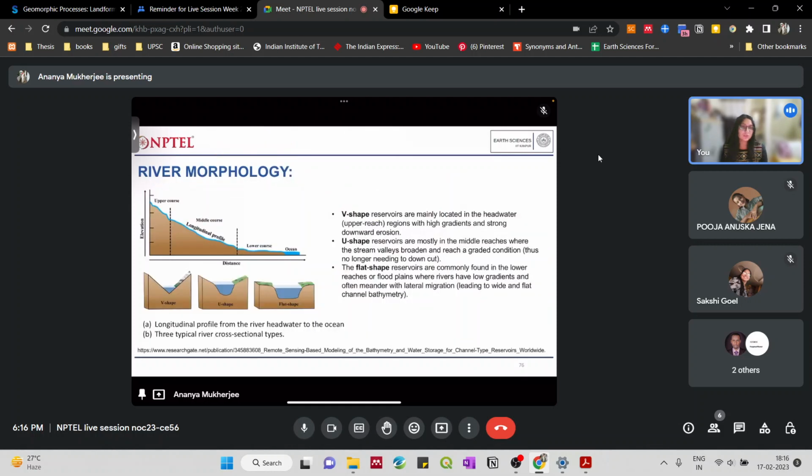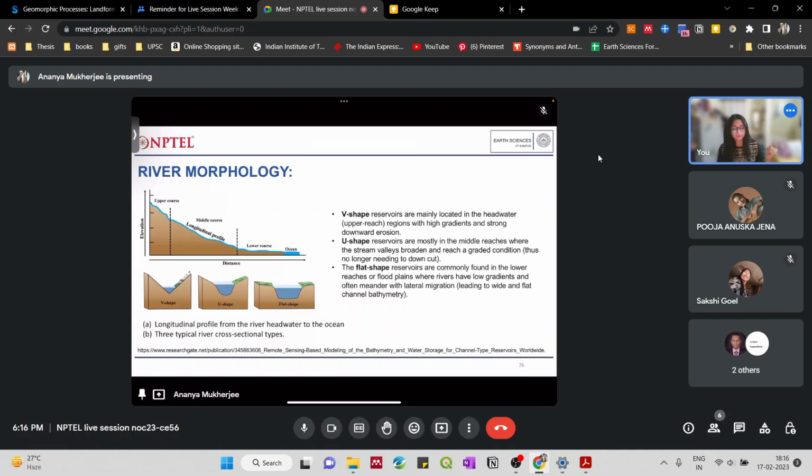So now, before we go into the different aspects which are going to affect how the rivers are going to weather, erode and deposit throughout their lifetime, we first need to understand how the rivers appear at different stages of their life. So we can talk about it under river morphology.